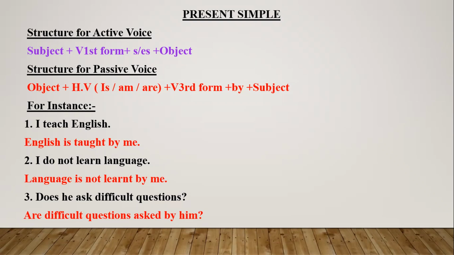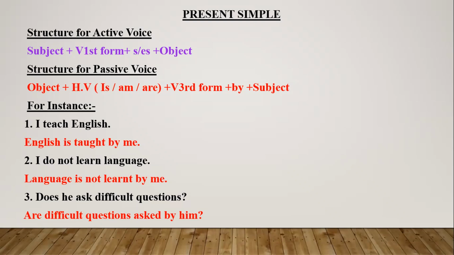I teach English. So you can see that I is your subject and teach is your verb and English is your object. So you can see in that sentence, teach is actually a transitive verb which carries an object, that is English. So we can identify that we can easily make passive voice because the above sentence has an object.